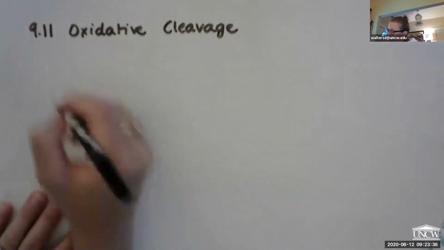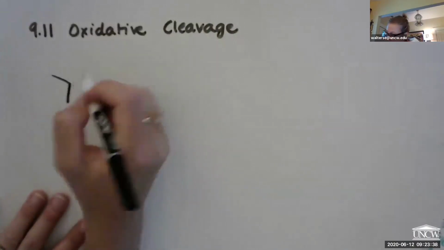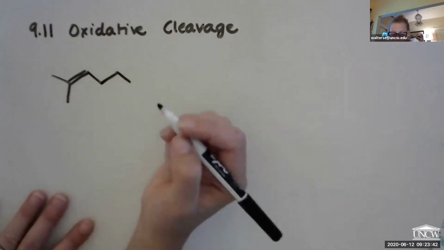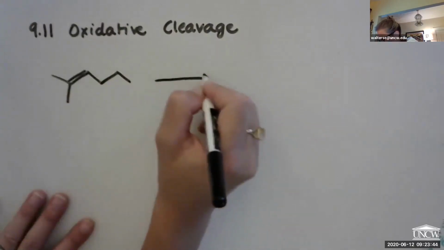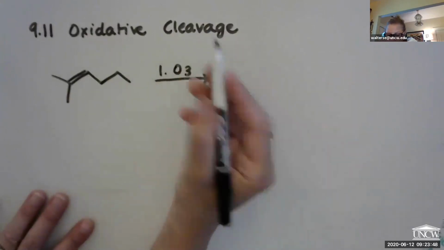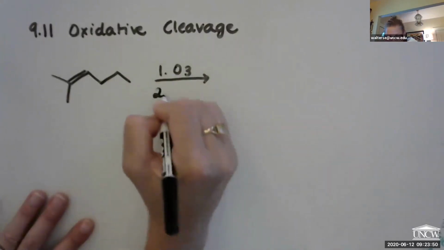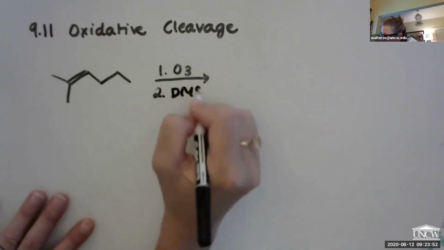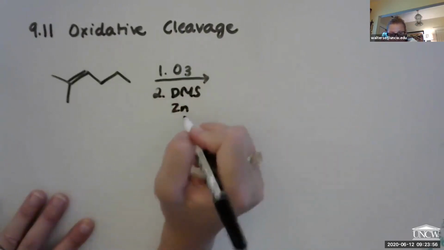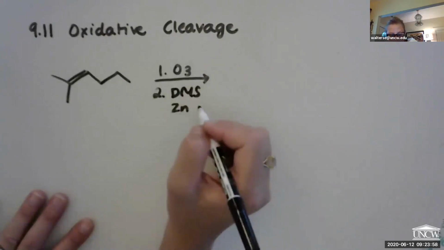Okay. And so what you can do is you can take your alkene and you put it into ozone in the presence of DMS, and sometimes you'll see that zinc is involved. It doesn't have to be, but usually it's written in this way.